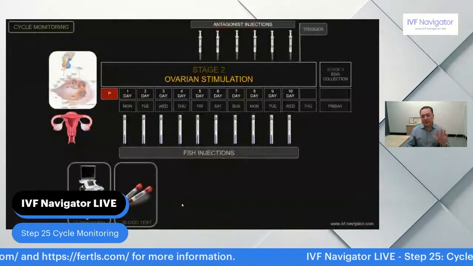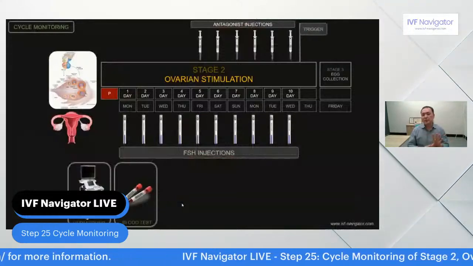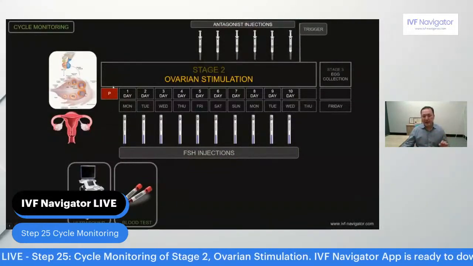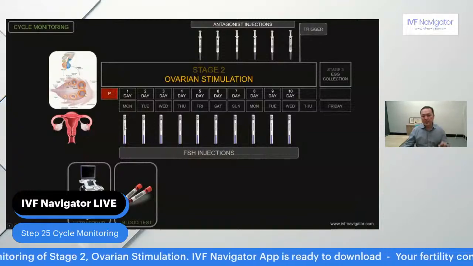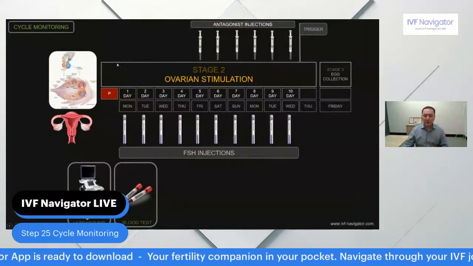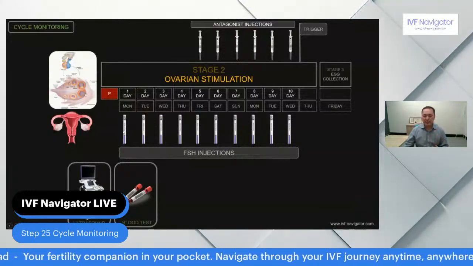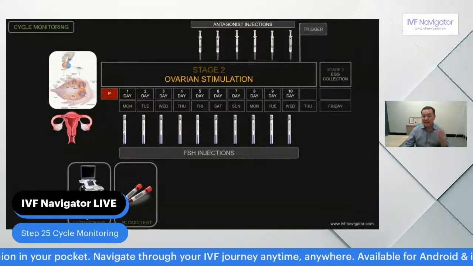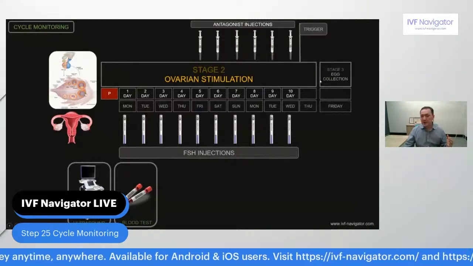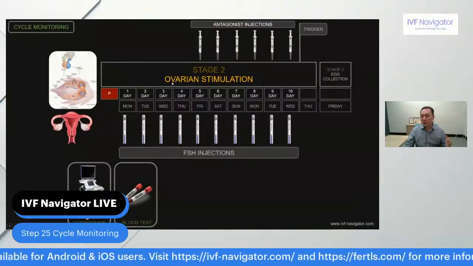Okay, so there are 5 reasons why an IVF cycle needs to be monitored. When we say IVF cycle, as you know, the cycle starts with the first FSH injection. Let us say you had a full workup, you had a period today, and tomorrow you start FSH injections, which means your cycle started. The whole 10, 12 days of FSH injection is the stage of ovarian stimulation.